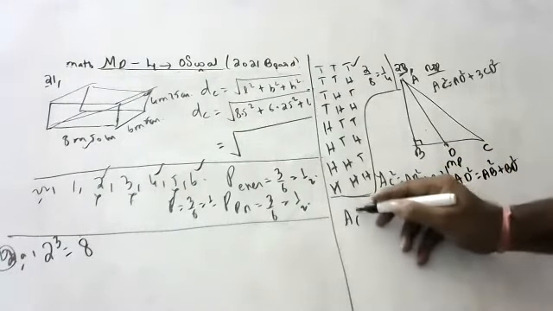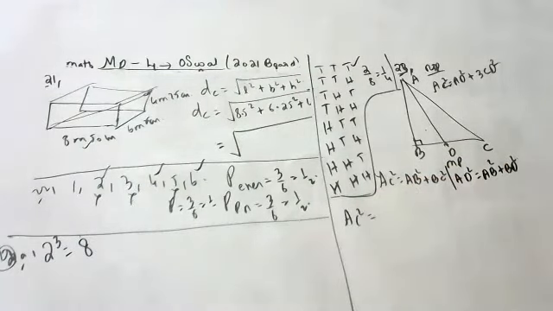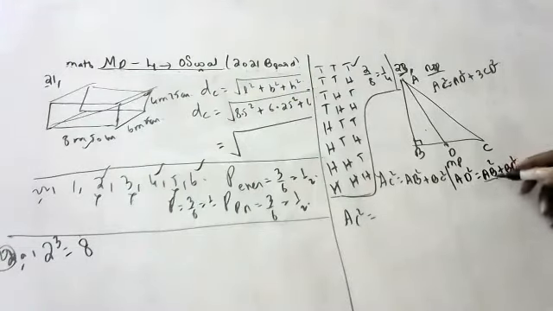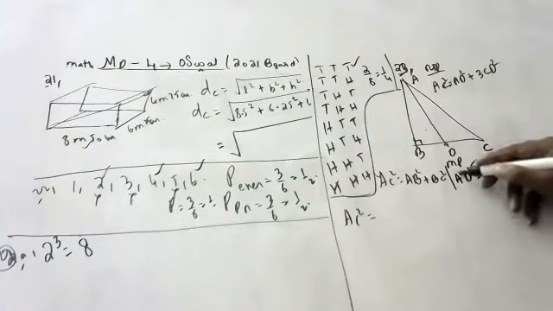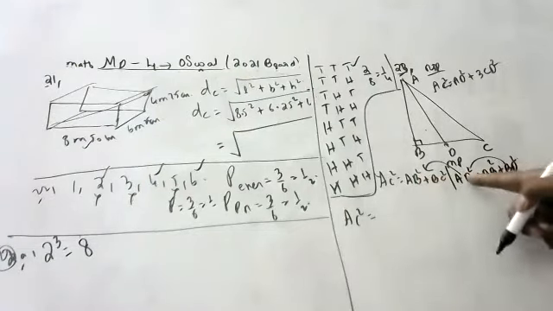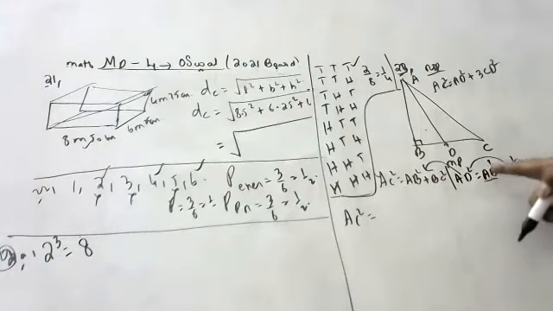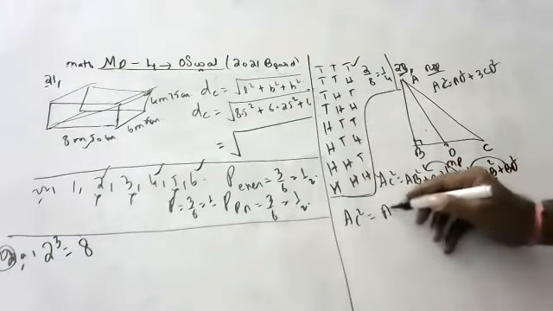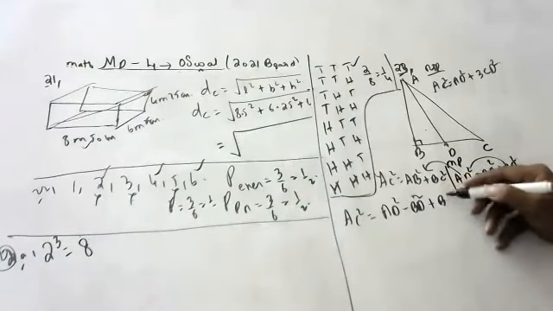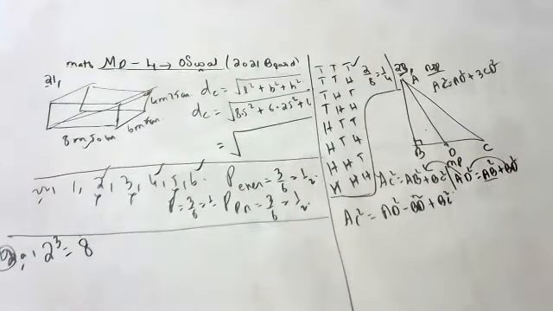AB square we will substitute here as AD square minus BD square. So AC square equals AD square minus BD square plus BC square.